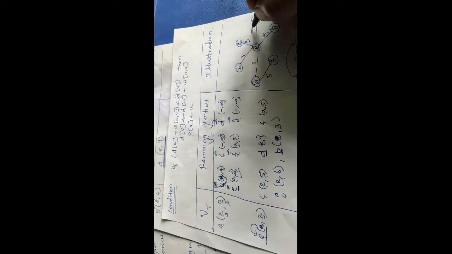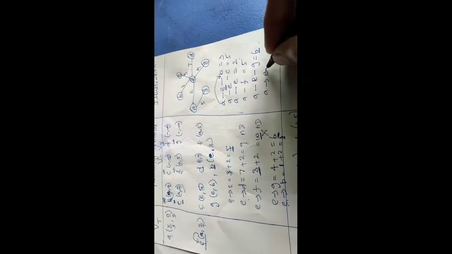Now the last edge I am going to include in the illustration is E to D. So E to D means I have to include E to D. What is the edge value I have in this? 7.